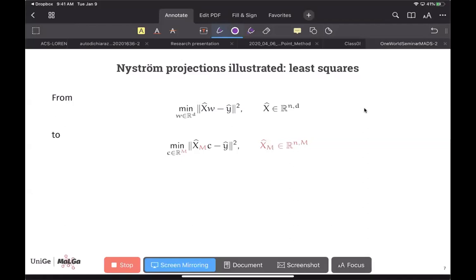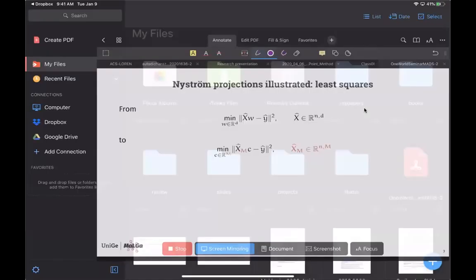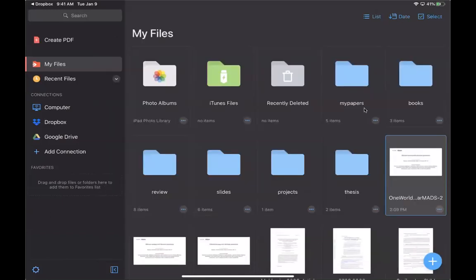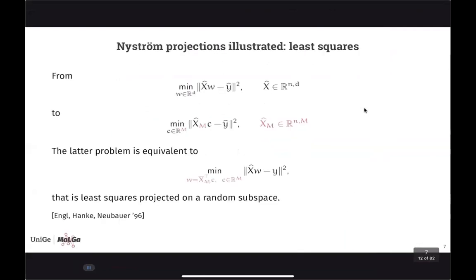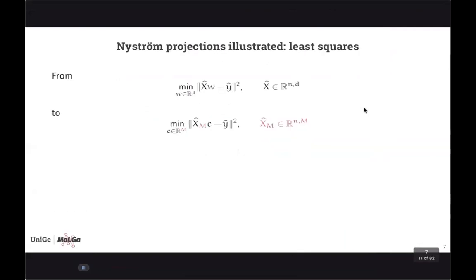It's no longer the W that I introduced before, which was d numbers, but actually this vector I call C, which is just M numbers, okay? Of course now I reduce the size of the problem, and so I expect to have some savings.